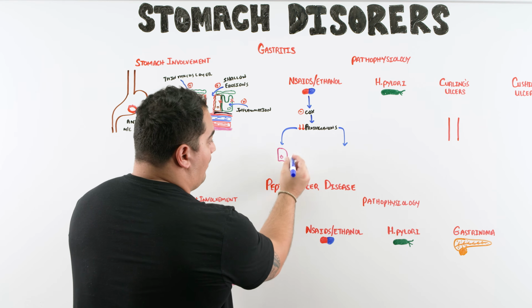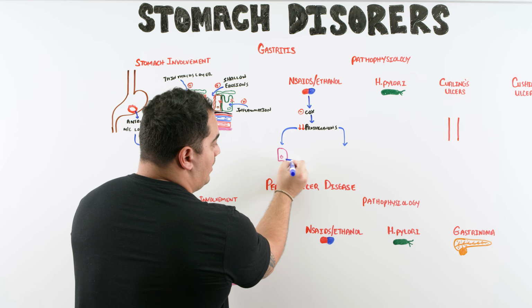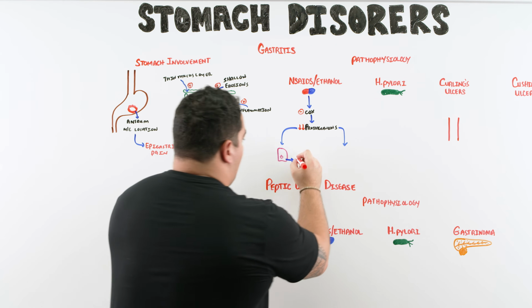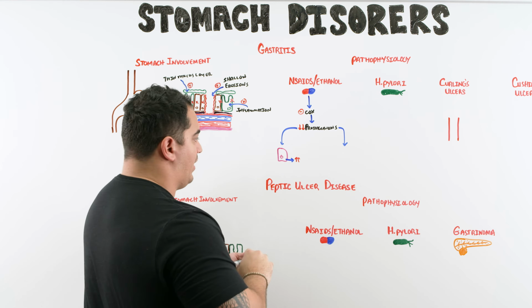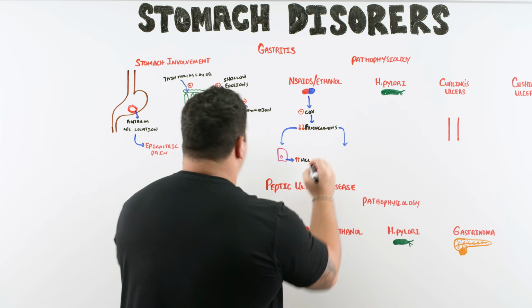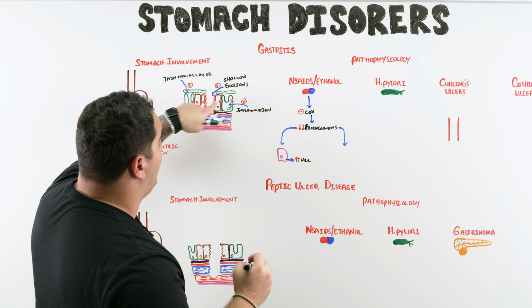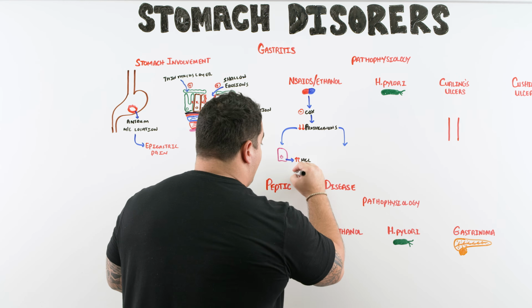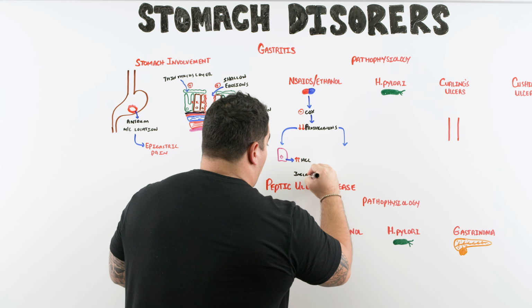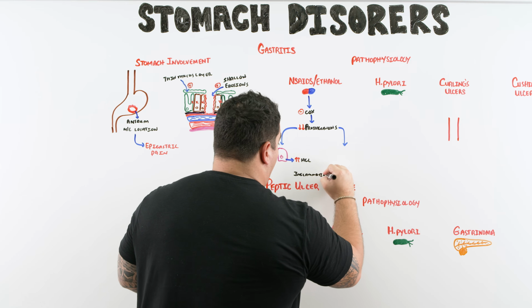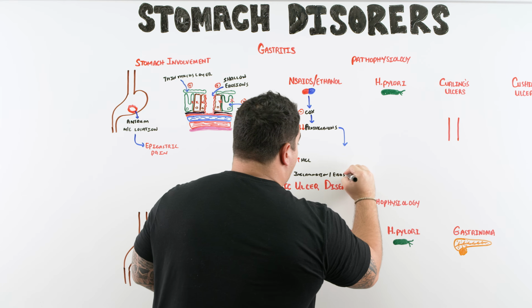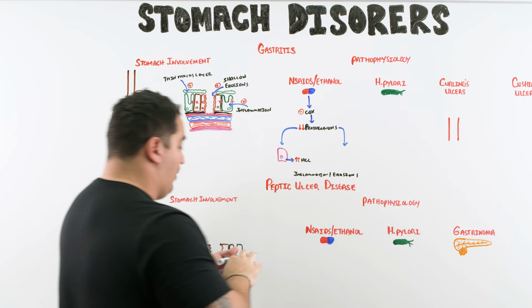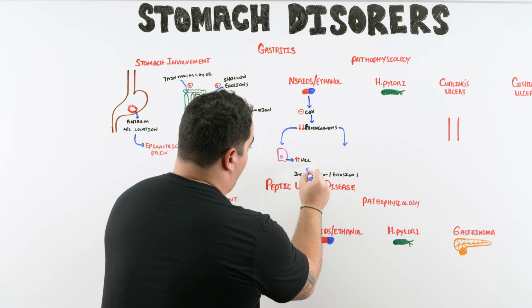But if you have less of it, what happens to the hydrochloric acid? It increases. This hydrochloric acid is what causes inflammation and injury to all the mucosal lining. So here we're going to get some inflammation, and if it gets really, really bad, it can lead to erosions. Where? The antrum, and will precipitate epigastric abdominal pain.